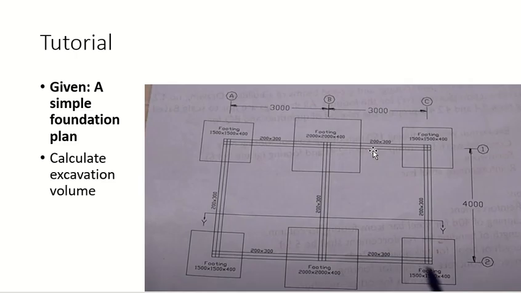Your benchmark, yes. That's your benchmark from the road level, 1 meter down? No. We assume the 400 as a depth? No, no. Forget about 400.